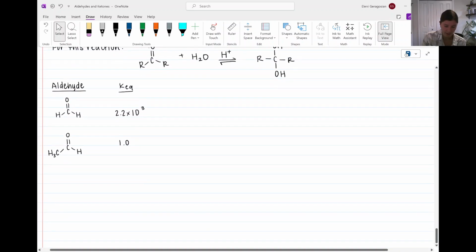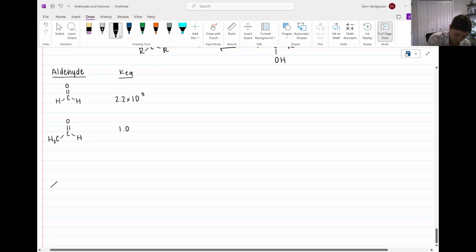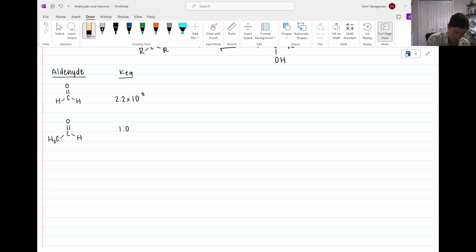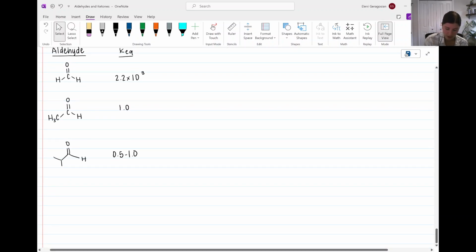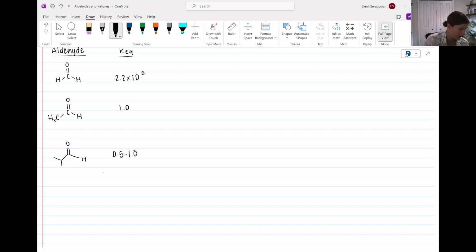Let's look at a couple more here. If we change the methyl group to an isopropyl group, the KEQ doesn't change very much. It's very close to acetaldehyde.